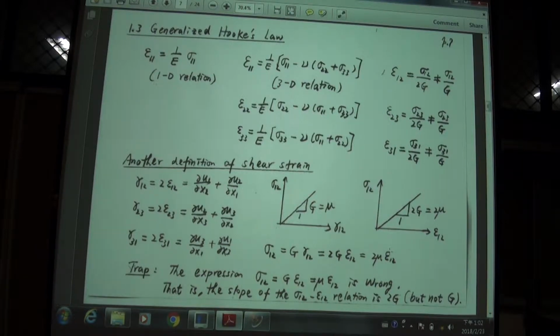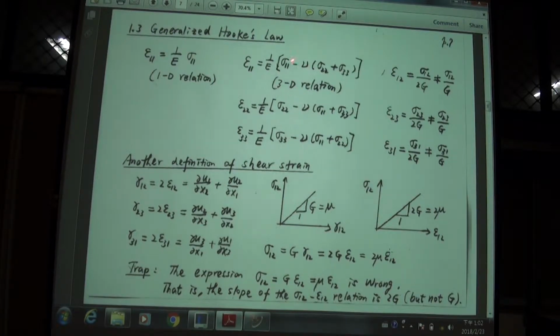And I should mention this. This is a relation which looks quite reasonable, but more important, this relation has been verified many times by actual experiments.